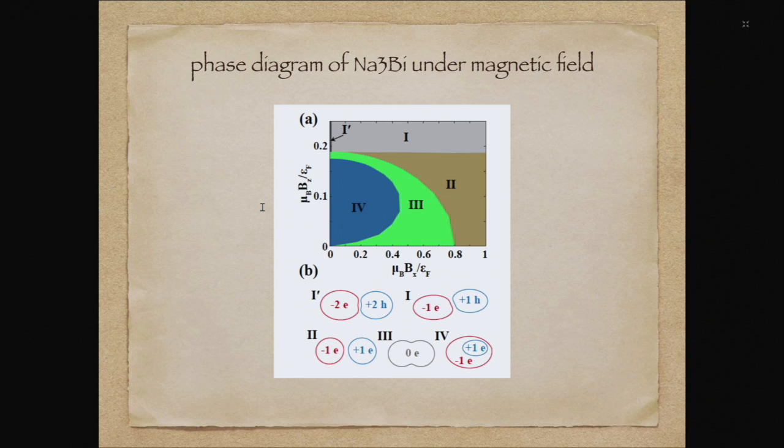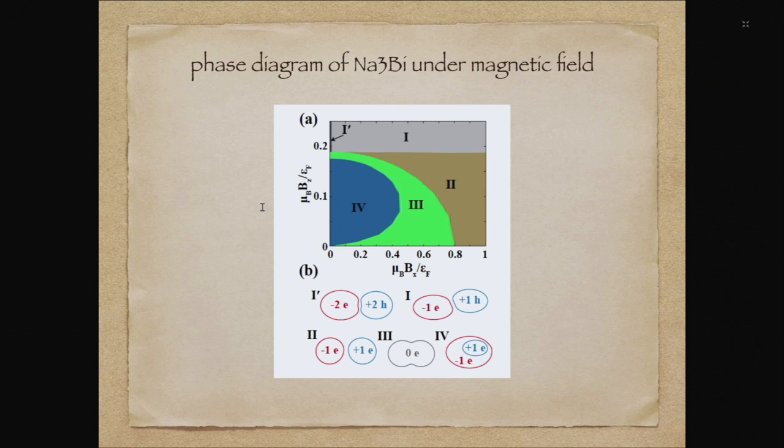One is electron-like and the other one is Hall-like. The electron-like Fermi surface has a total Chern number of -2, and the Hall-like Fermi surface has a total Chern number of +2.